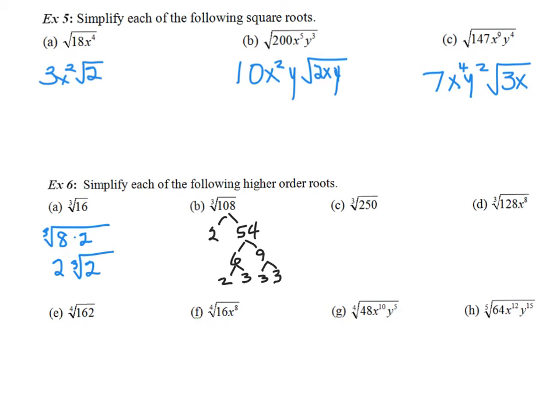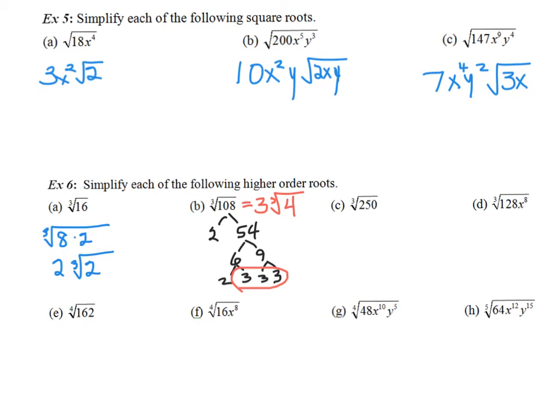Now, this time, since I want a perfect cube, I'm looking for 3 factors that match. So I've got a triplet of 3's. So I'm going to say bring the 3 out, and underneath the cube root sign, I still have left this 2 and this 2. Multiply those together, so that gives me a 4.